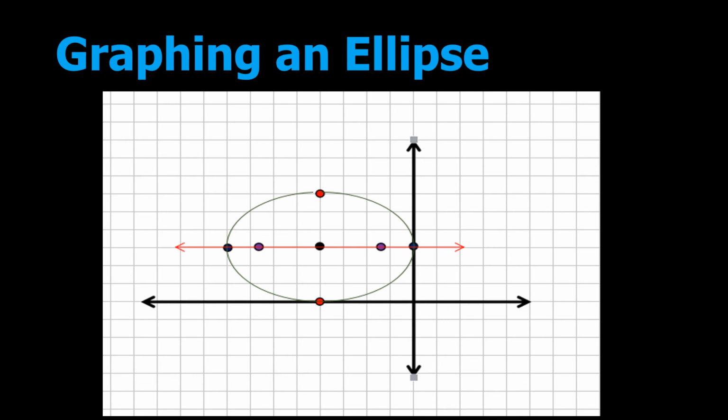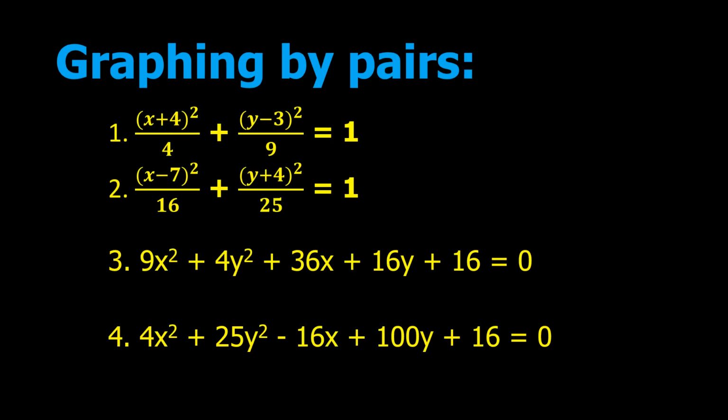And then drawing the curve, please do not draw pointed lines or lines with corners at their vertices. Dapat smooth curve siya. Smooth curve. Okay, so this is your task. You can graph this by pairs.